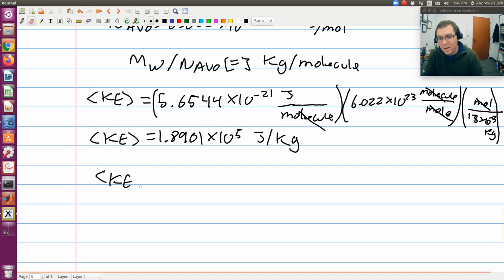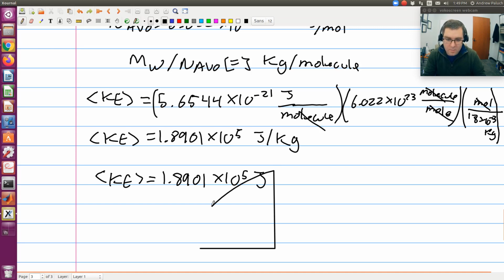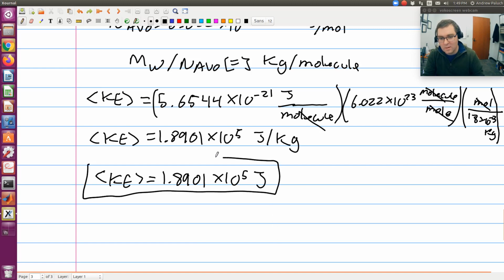Our mean kinetic energy is this 1.8901 times 10 to the 5 joules. And if you wanted to convert to kilojoules, you could. You would just divide by 1,000, since kilojoule is just my 1,000 prefix. I'm just going to leave it as such here.